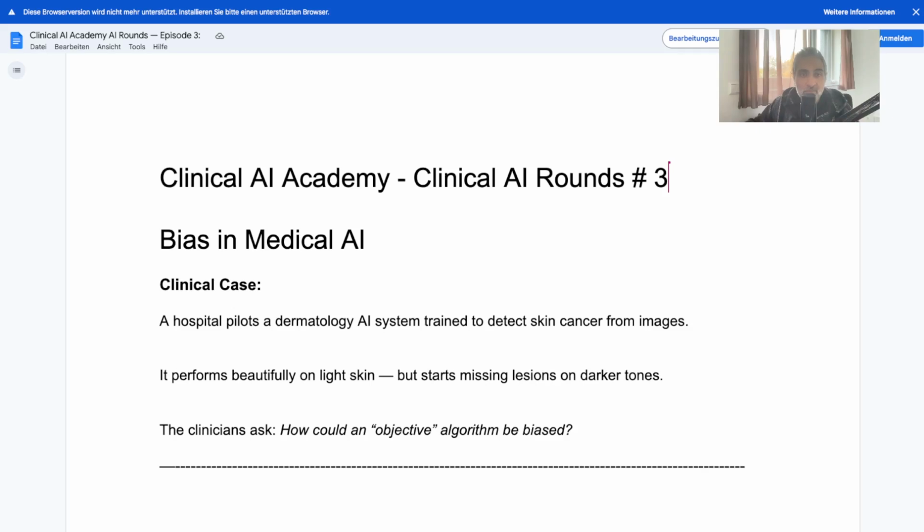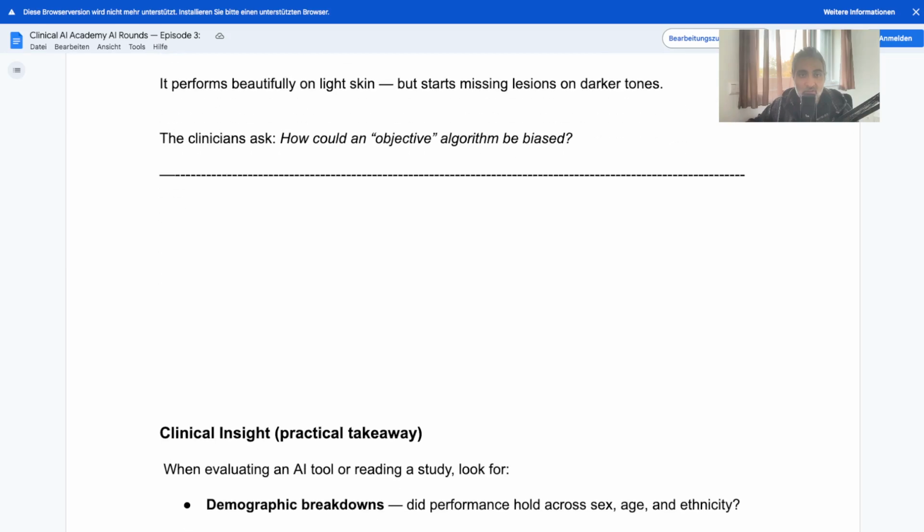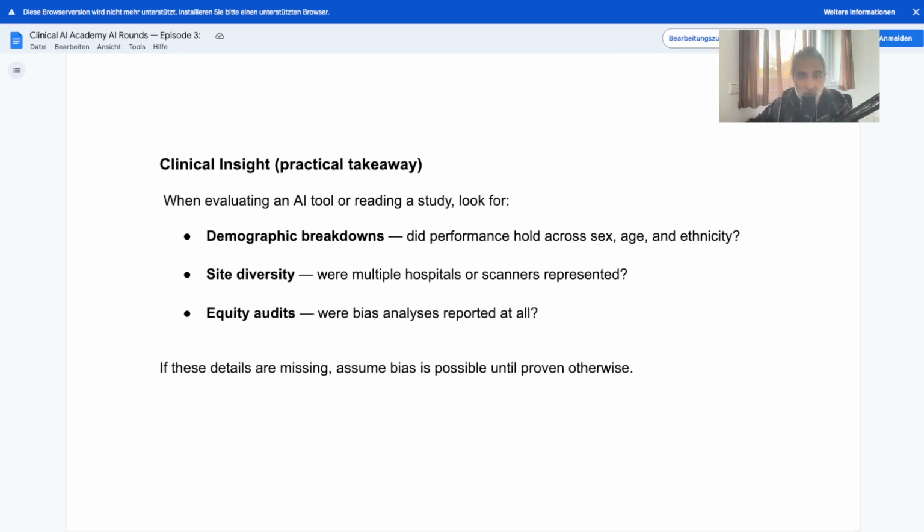The clinical take-home message from this Clinical AI Rounds is the following. When evaluating an AI tool or reading a study, look for the demographic breakdown. Did performance hold across sex, age, and ethnicity? Site diversity: were multiple hospitals or scanners represented?